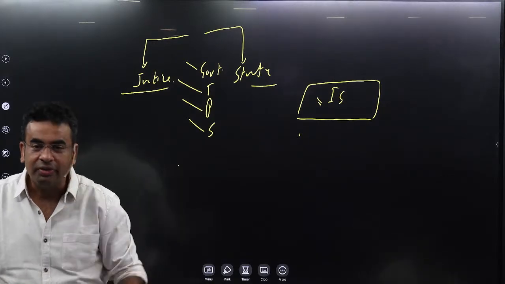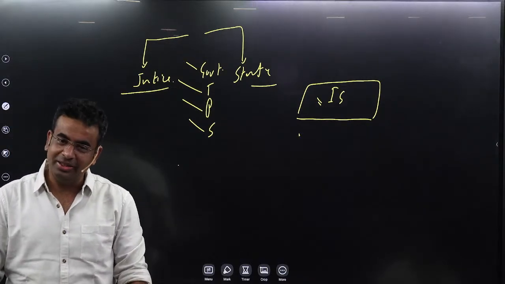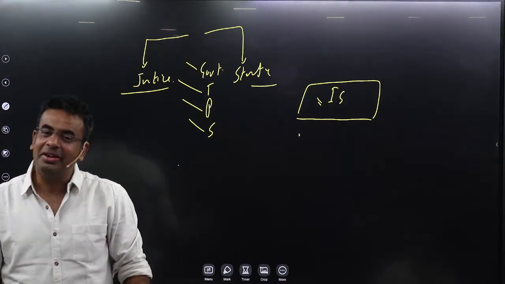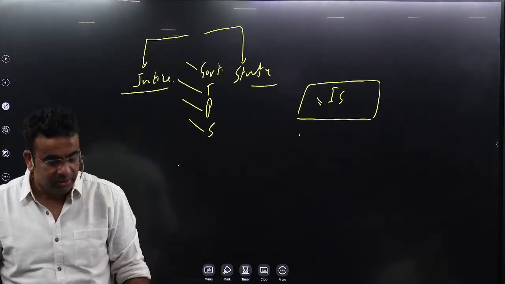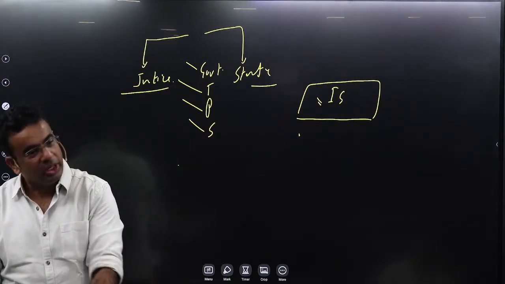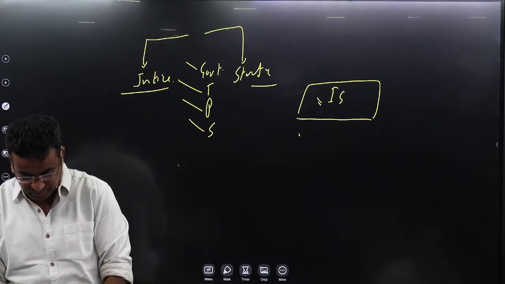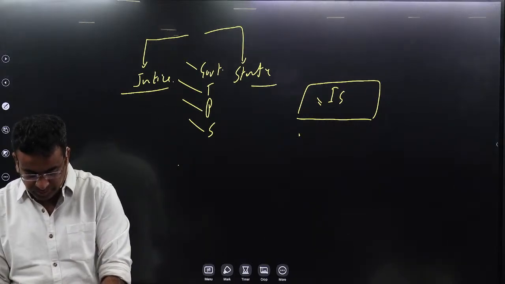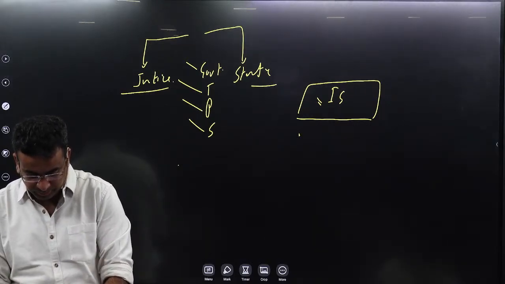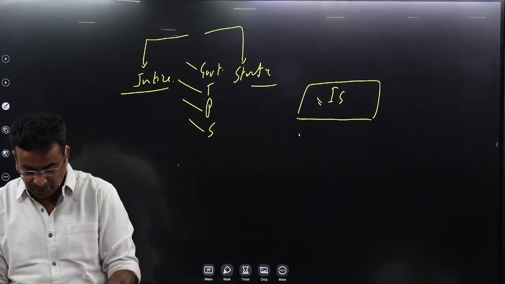How many states do we have in the world? 193 states in the world. Which state was the 193rd state in the world? South Sudan.